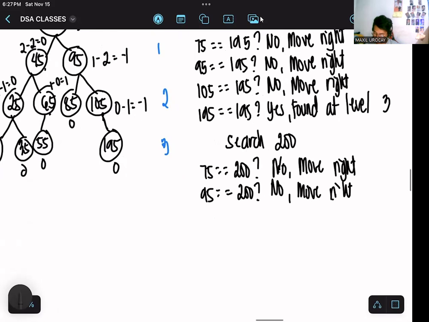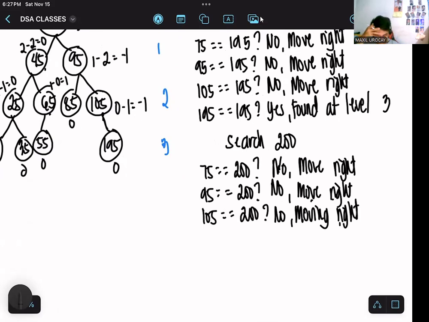And afterwards, moving into the right position, there is 105. Is it equal to 200? No, so we have to move right, because 105 is less than 200. Now, moving into the right position, there is 195. Is it equal to 200? No, so you stay here.